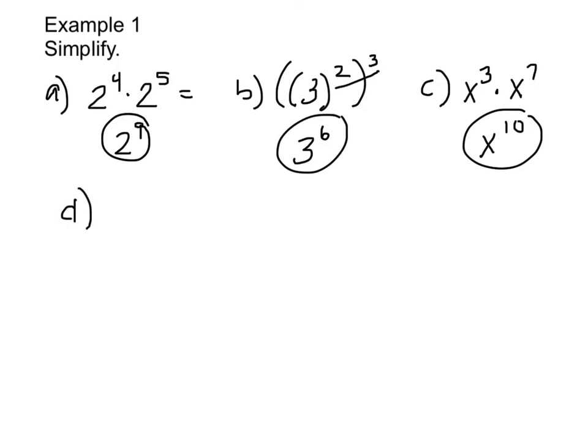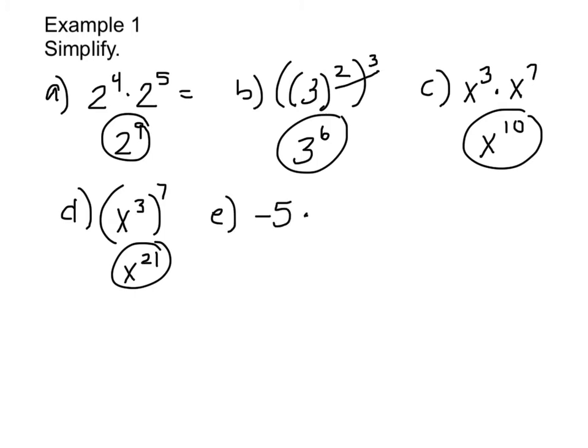D. x to the 3rd to the 7th. We now have a power to a power, which means you multiply. So it would be x to the 21st power. E. Negative 5 times, in parentheses, negative 5 to the 6th power.